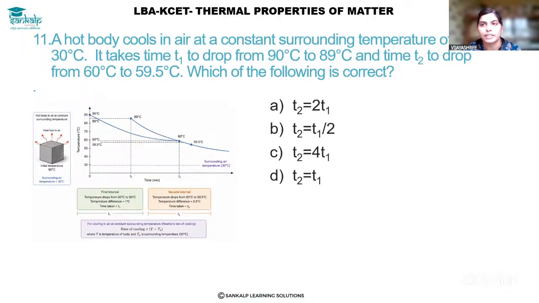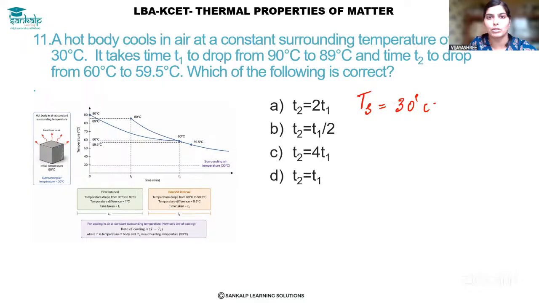So what is happening here? Hot body is cooling in the air at constant surrounding temperature of 30 degrees Celsius. So surrounding temperature Ts is 30 degrees Celsius.